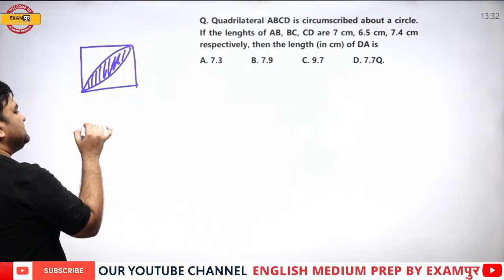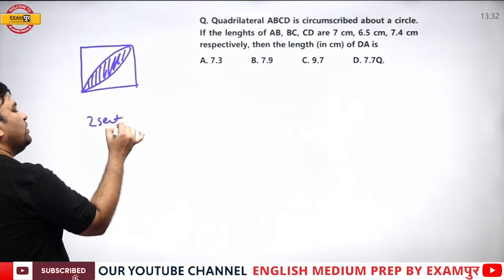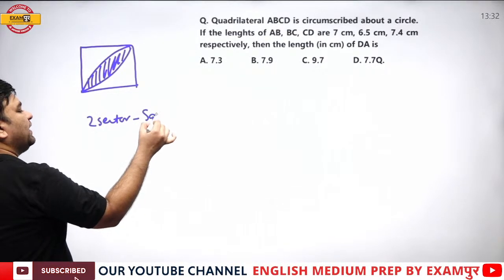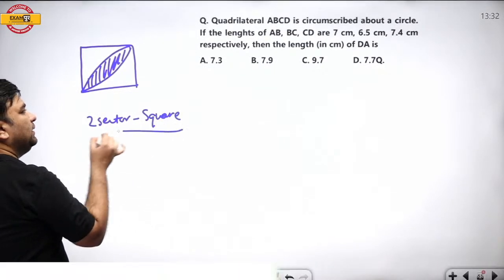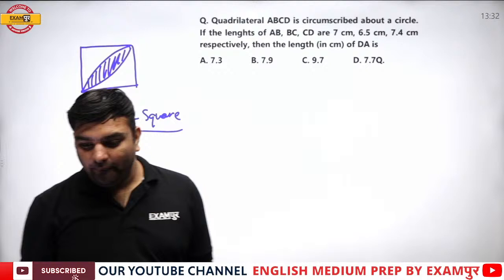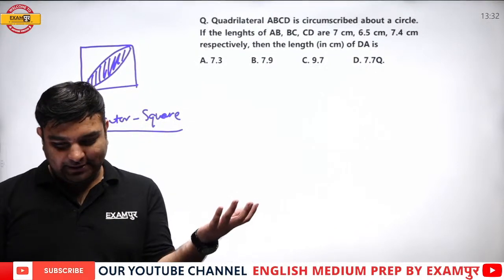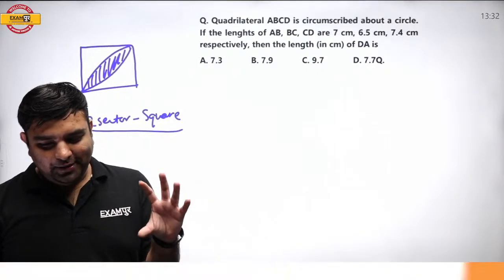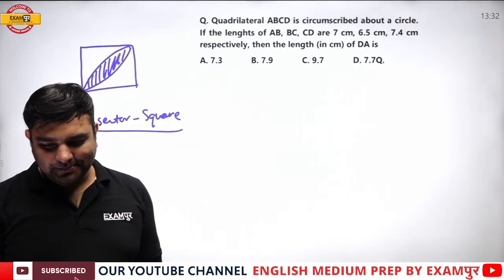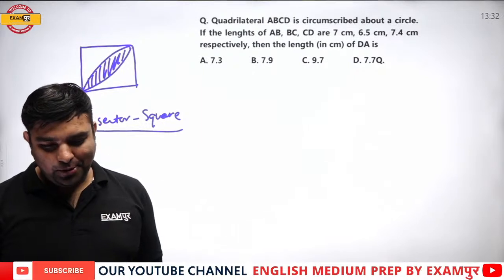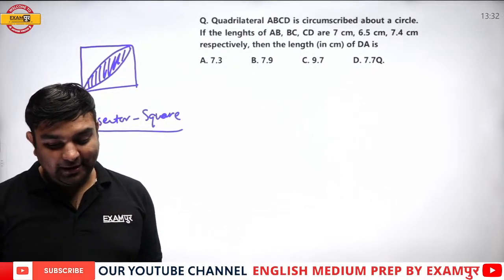You remember it as twice of sector minus square. Because I can form a different sector as well. I can form a 60-degree sector as well. And I hope you are understanding what I'm trying to say.